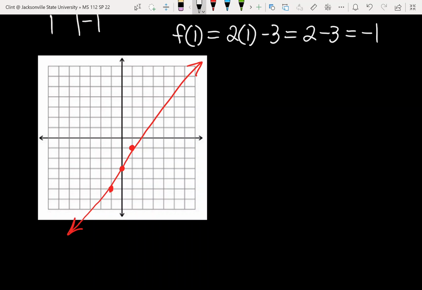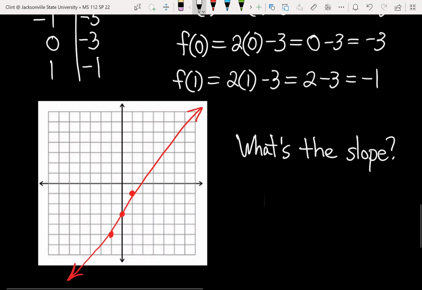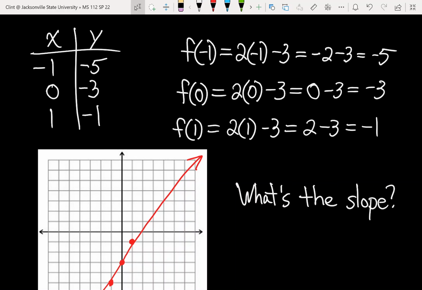Something else that WebAssign will ask you on these is it might say, what's the slope? Okay. We could take 2 of our points that we figured out and use the slope formula. But since we've already got the graph, we don't have to work that hard.